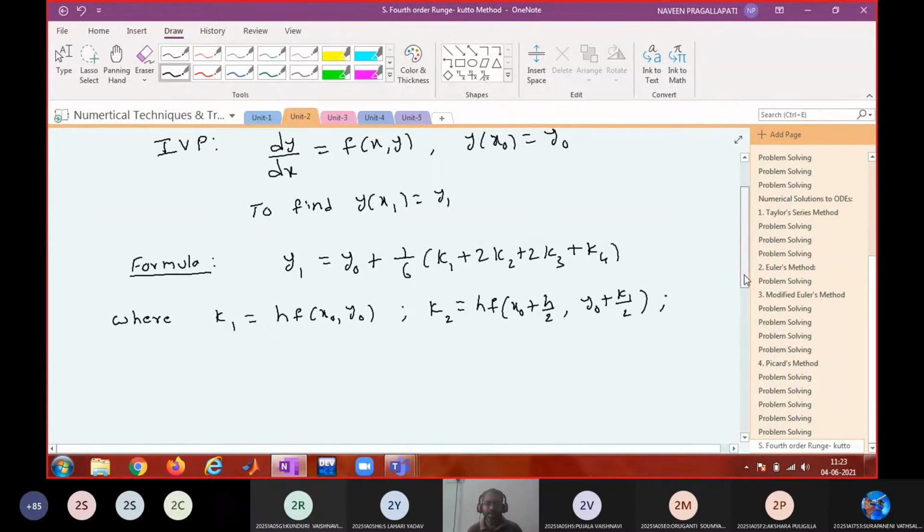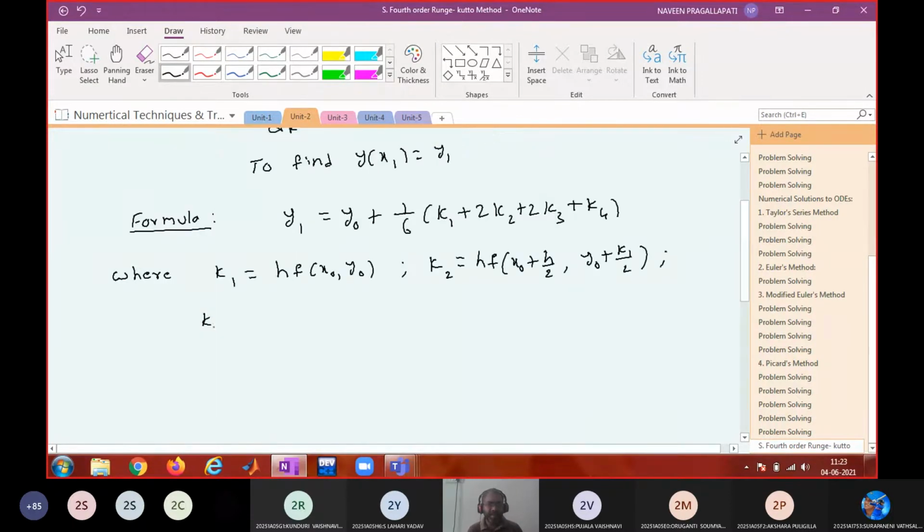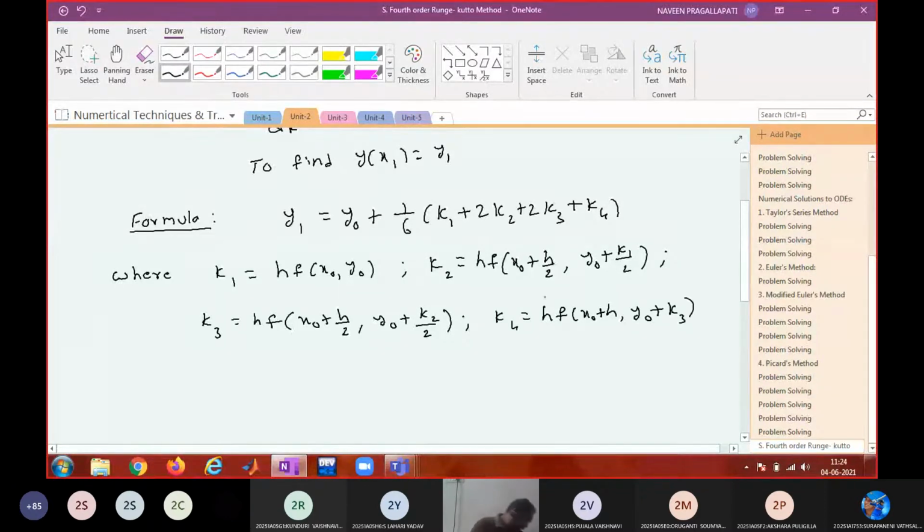Okay, k3 is equal to h into f of x0 plus h by 2, y0 plus k2 by 2, and k4 is h into f of x0 plus h, y0 plus k3.